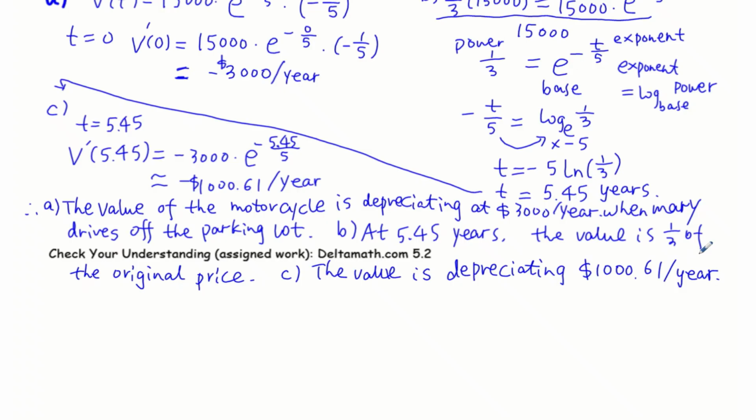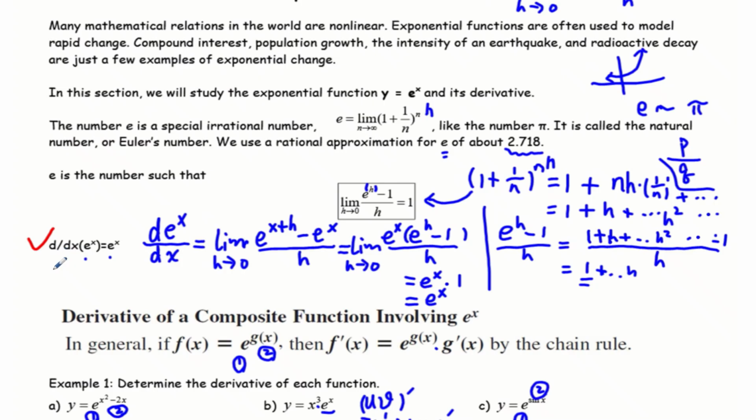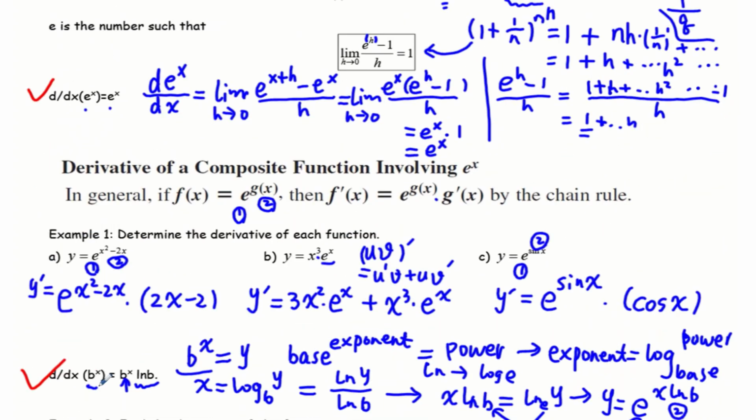Okay, so this is for this lesson, and the assignment work is on Delta Math 5.2. So going back, what we have done in this lesson is we have learned that the derivative of base e to the exponent x is itself, and if the base is not e, it will be itself times ln b.